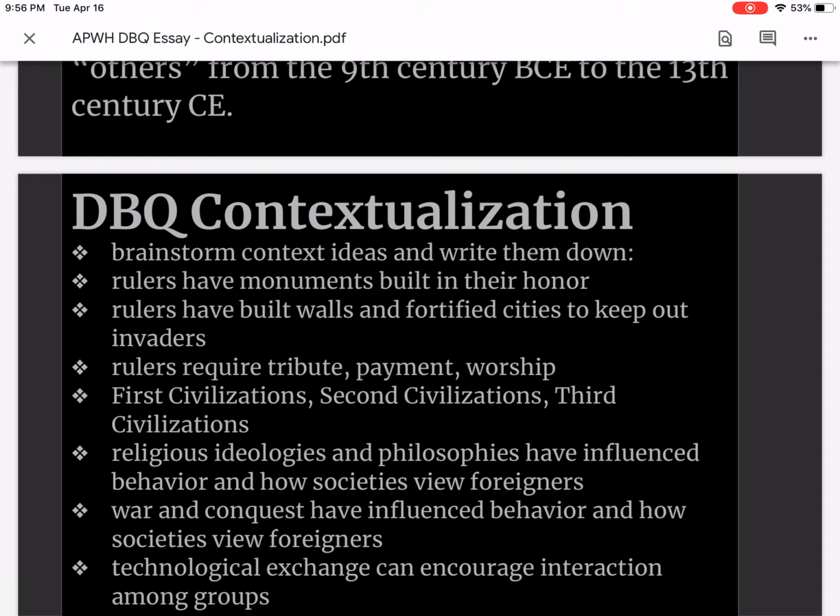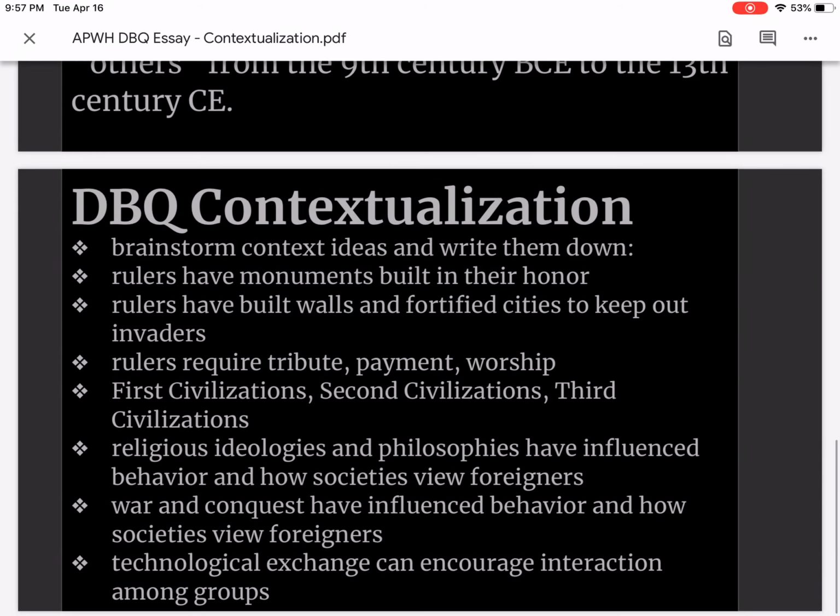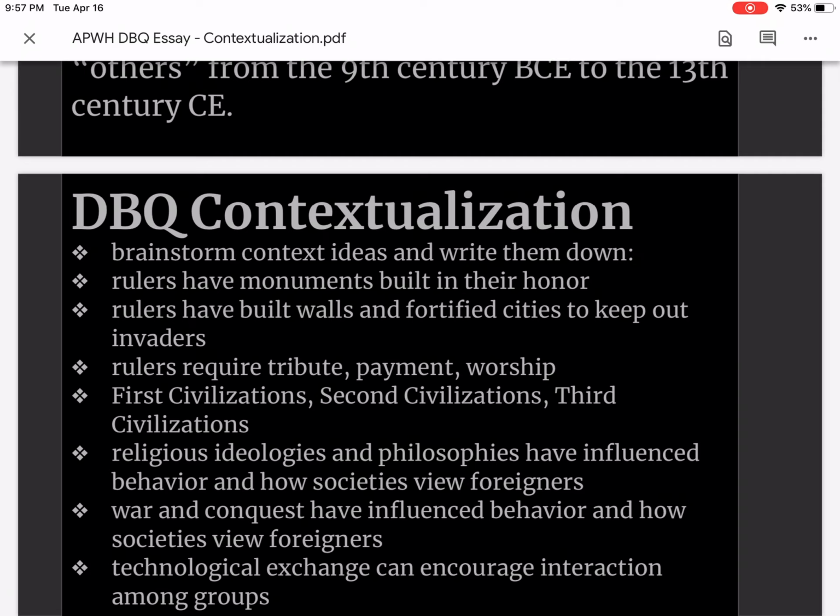Keep in mind, agriculture, just like the concept of civilization, really became a global phenomenon, especially the beginning of the time period that we're working with here, the 9th century BCE. As humans looked to new methods of survival, agriculture developed. After 3500 BCE, new civilizations emerged independently in several locations globally because of agriculture.